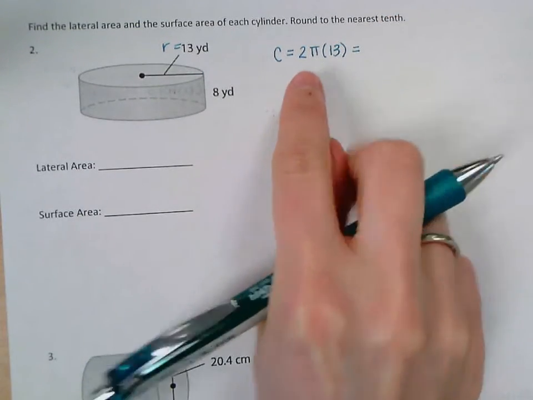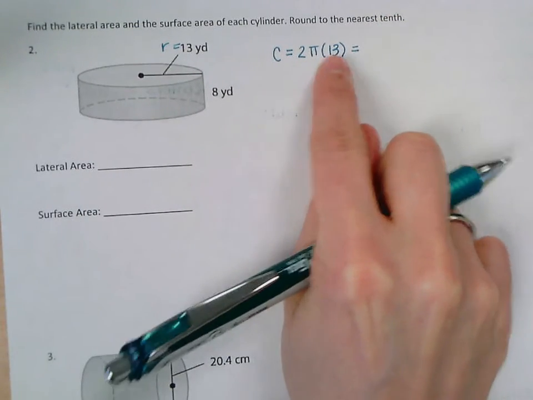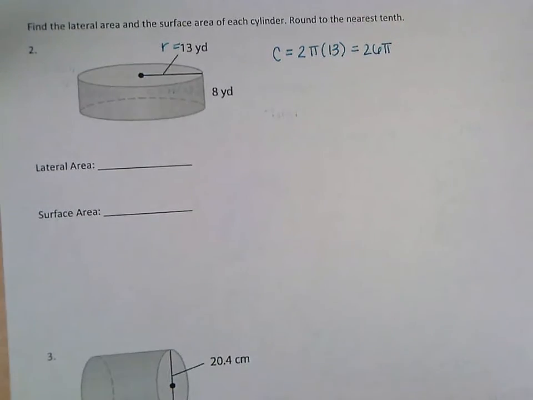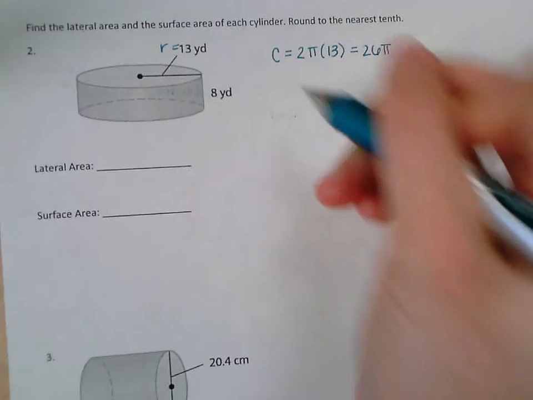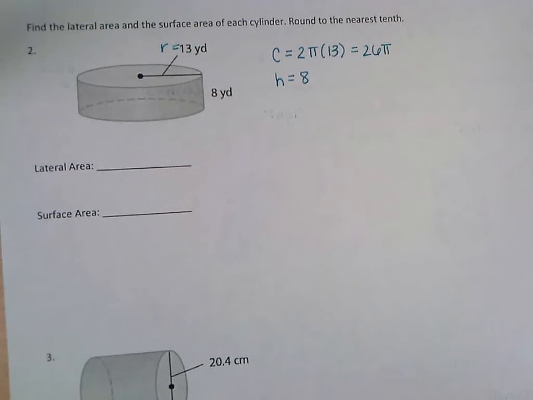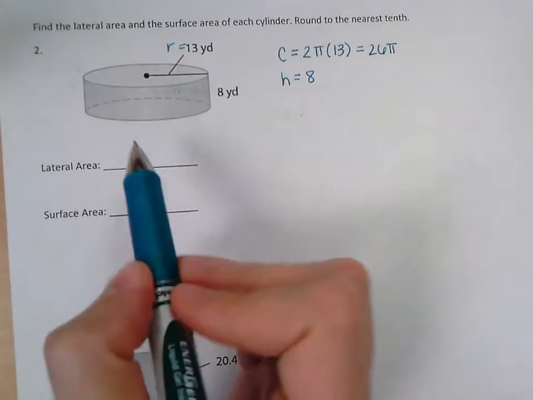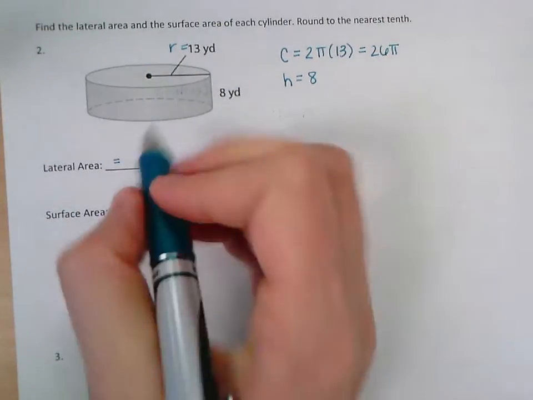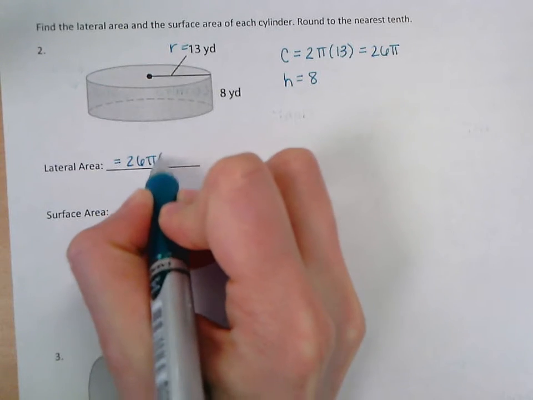Again, I'm not going to round this part. I'm just going to do 2 times 13 is 26. So this would be 26 pi. And then my height is 8. So my lateral area is those two multiplied together, 26 pi times 8.